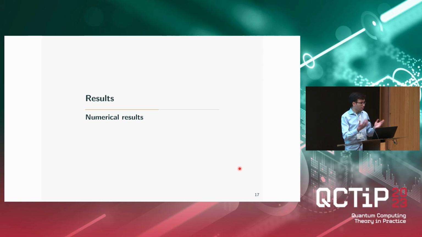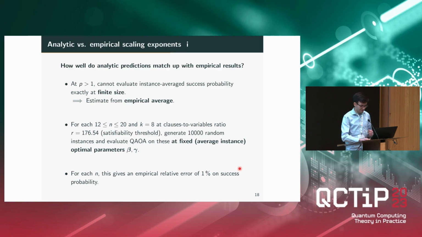Now, if we apply this analytic procedure and do some numerics, what do we get out of that? Well, a first natural question is, how well do analytic predictions match up with numerics, like numerical exponents versus analytic ones? A first difficulty to address this question is that, at least for p greater than 1, we have no analytic way of estimating the success probability even after averaging over instances at finite size. Therefore, we have no choice but to estimate that using empirical averages derived from many, many instances.